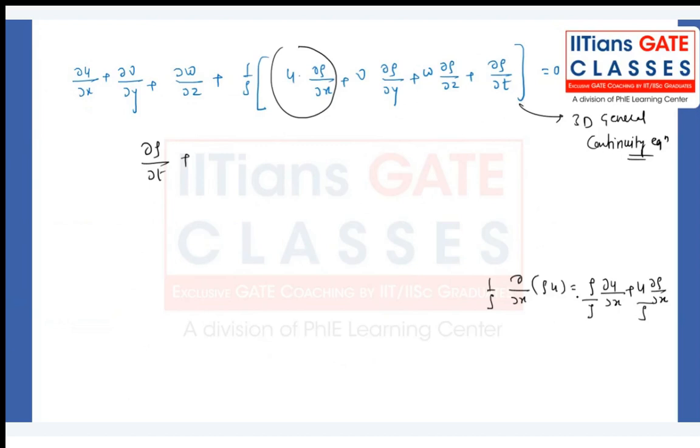Should I multiply with that? Yes, that will be better. If you multiply this equation with rho, 0 into rho will be 0, and this will cancel out.